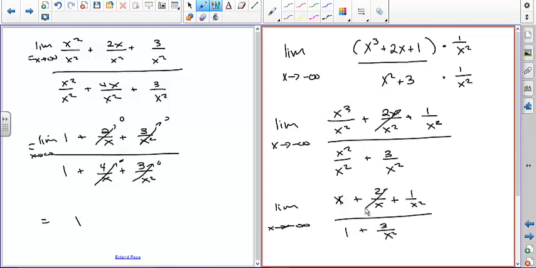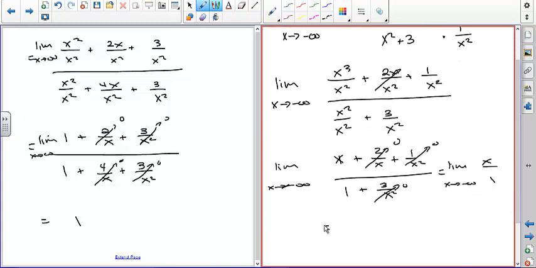So these are going to go to 0. Any number divided by x or x squared goes to 0. So what I'm left with is the limit as x goes to negative infinity of x divided by 1. So in this case, it would go to negative infinity. Because if I plug in x equals negative infinity, I get negative infinity.